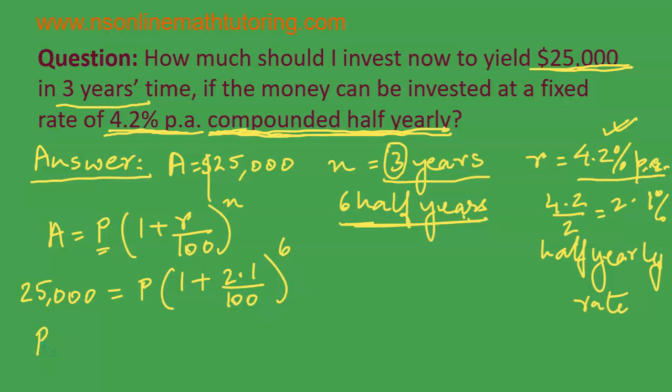So principal will be equal to 25,000 over 1 plus 2.1 over 100 to the power of 6. Okay. So now we have to use our calculator.